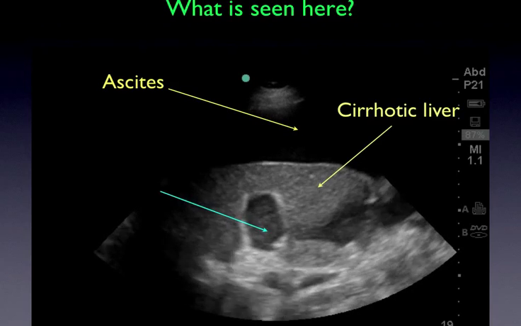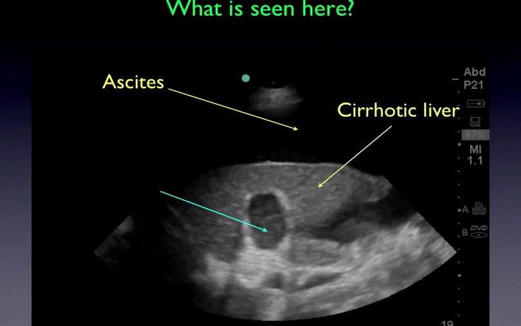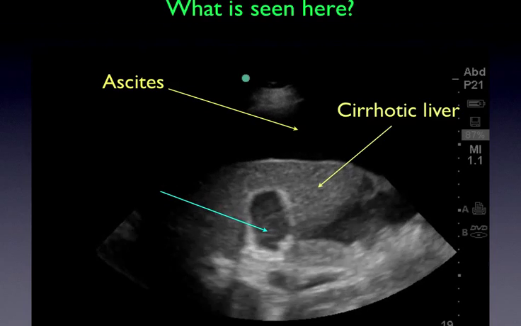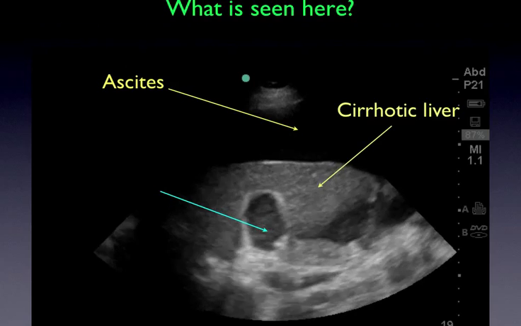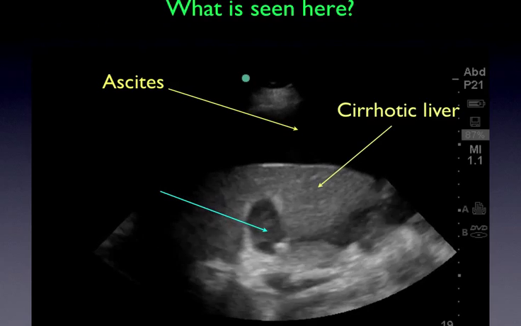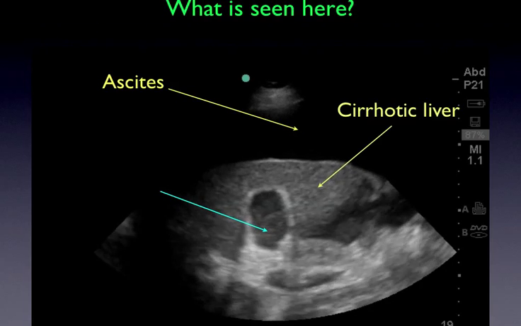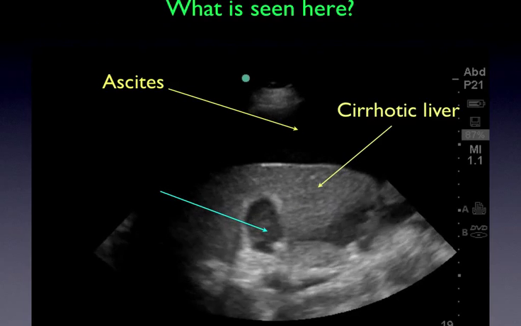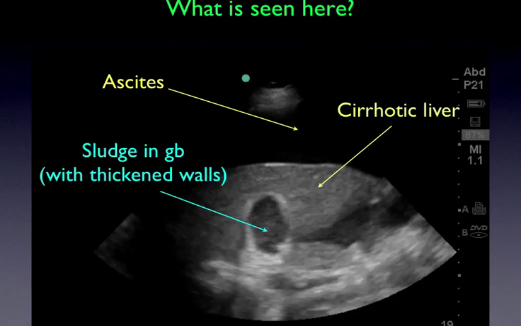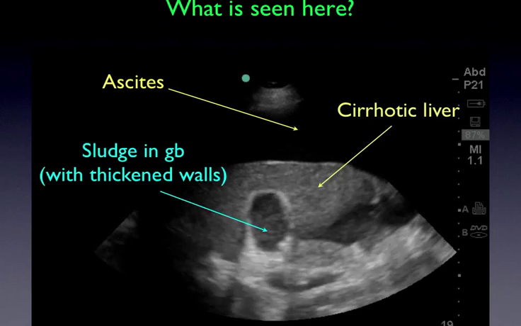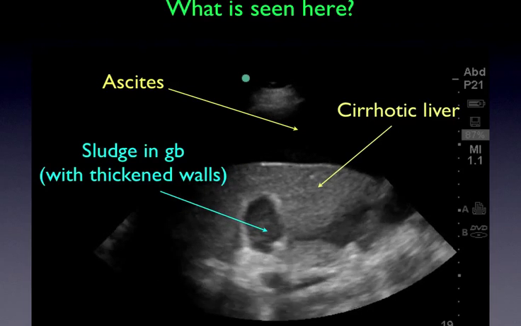If it wasn't for the fact that you have this over here, you might think it was the spleen. And this over here is the gallbladder. Now, do we see this gallbladder as very clear, black, totally anechoic? No. There seems to be a grainy quality to it. And that, in fact, is sludge. It's grainy because, in fact, it's sand.